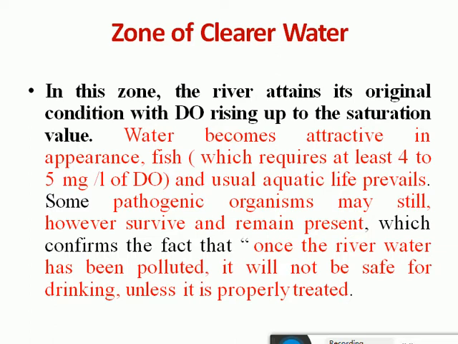Here the DO level may be brought back to its original saturation level, which depends on the initial conditions of the receiving water bodies, and most of the fishes start to flourish. You can see the water in a very clear zone.